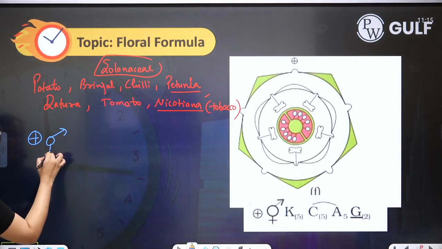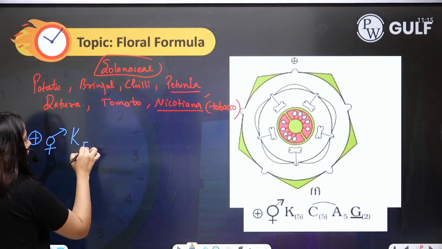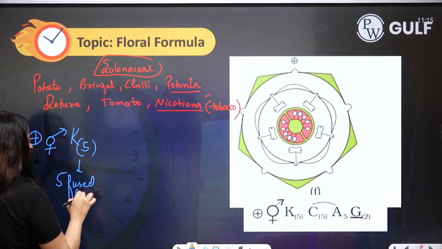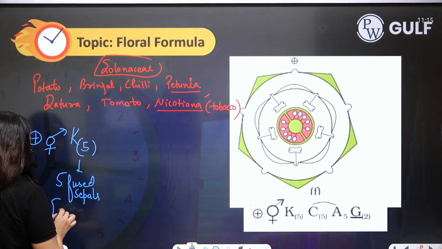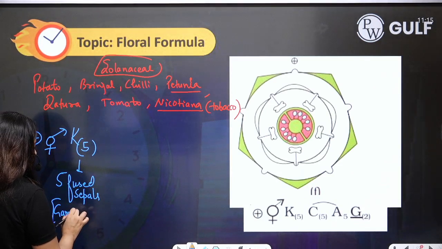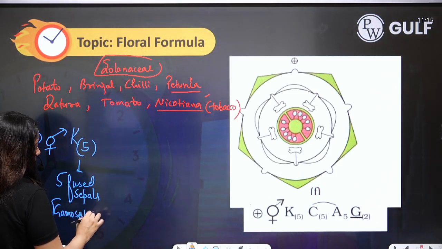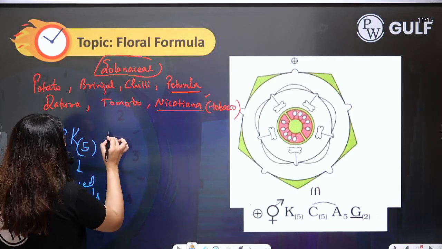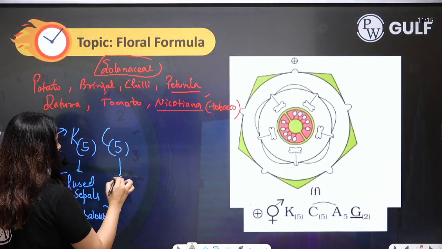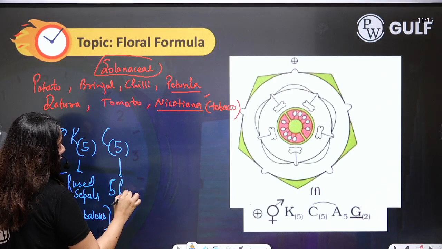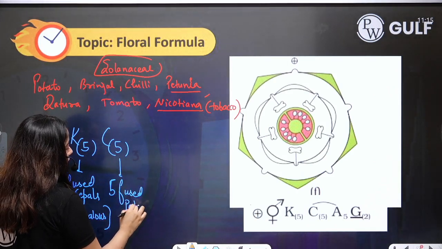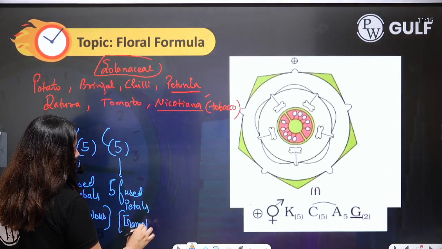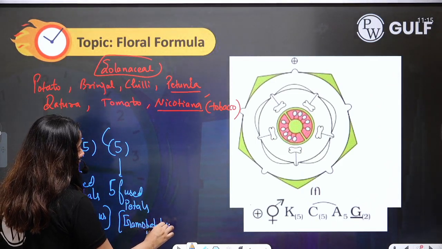Actinomorphic, bisexual, K5, which means 5 fused sepals are there. When sepals are fused together, it is known as gamosepalous condition. Then corolla 5, which means 5 fused petals. When petals are fused, it is known as gamopetalous condition.